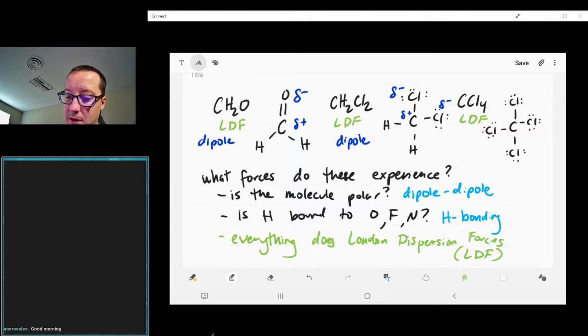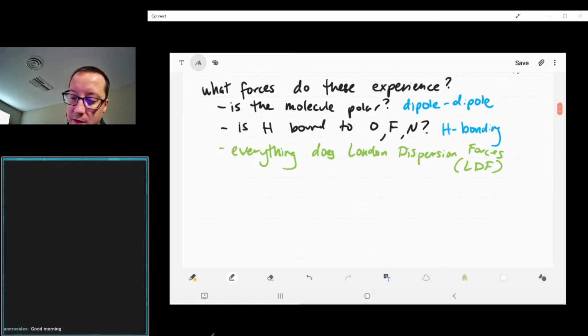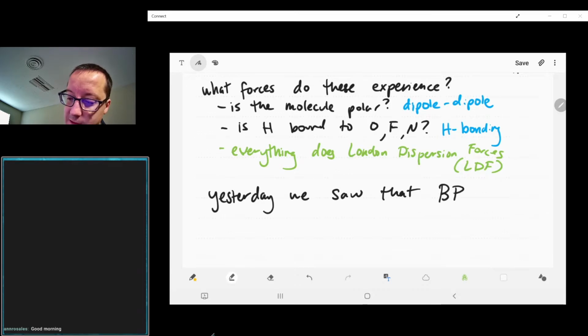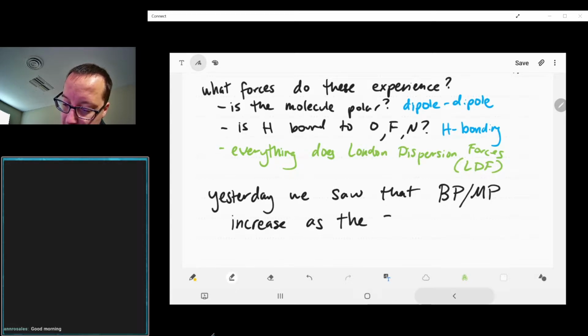Alrighty, so kind of moving on here. Yesterday, we saw that the boiling point and melting point increase as the strength of intermolecular forces increases.